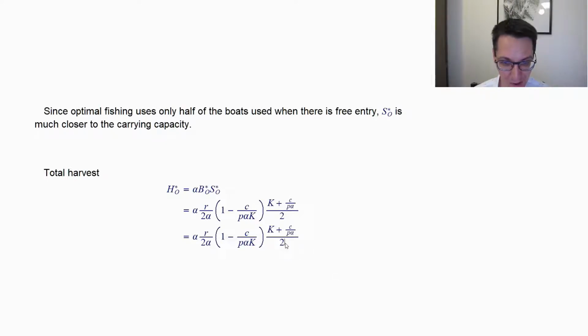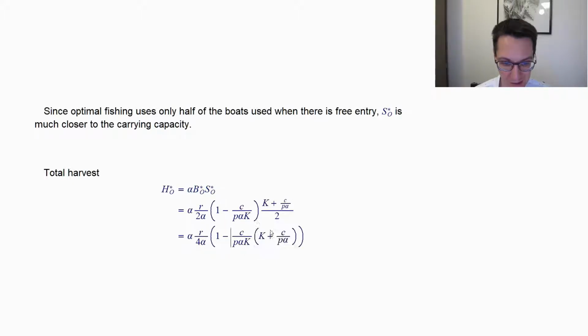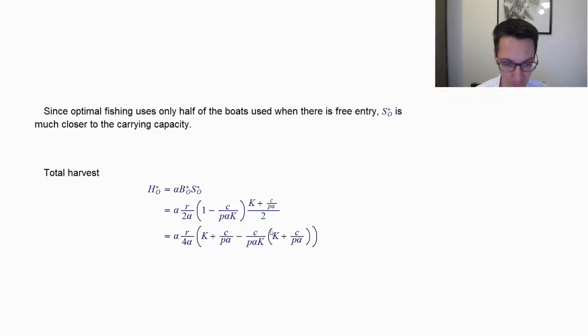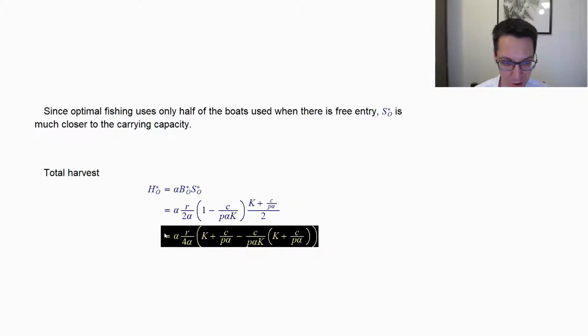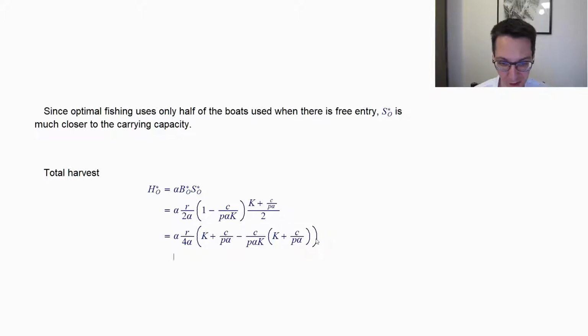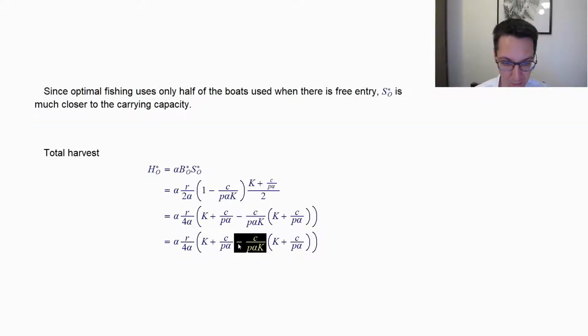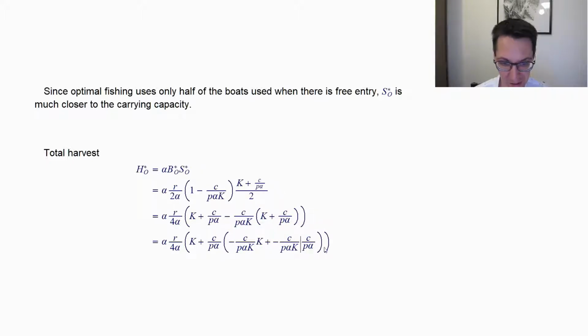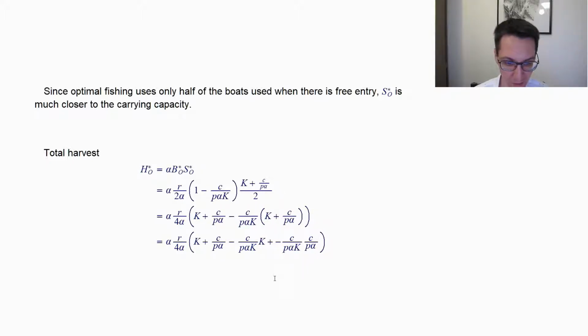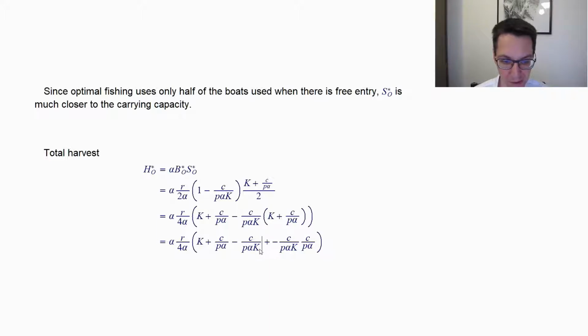So first, let's put this 4. Just multiply by 1/2 here, so we can divide by 1/2 here. And then let's multiply this inside the parentheses, so we get this expression. Now I can multiply this by what's inside the parentheses and get this expression there. K over K can simplify.